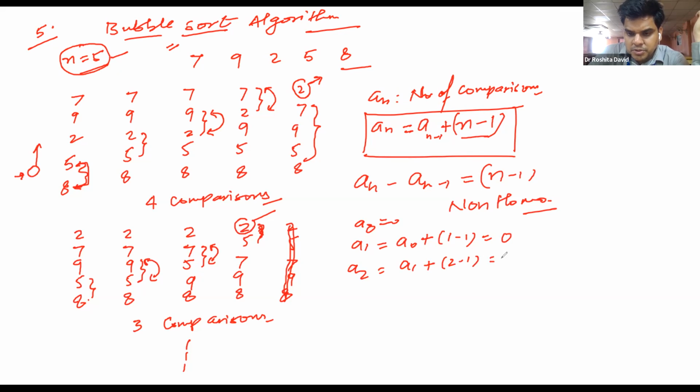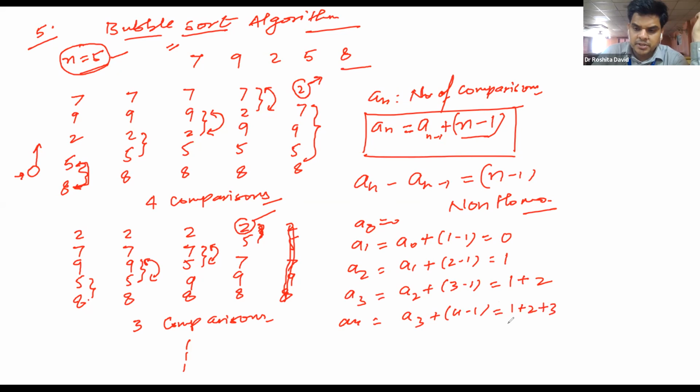So a_1 was 0, it's going to be 1. a_3 is a_2 plus 3 minus 1. a_2 was 1 and 3 minus 1 means 2. a_4 is a_3 plus 4 minus 1. a_3 was 1 plus 2 and 4 minus 1 is 3. So see the pattern. a_1 is 0, a_2 is 1, a_3 is 1 plus 2, a_4 is 1 plus 2 plus 3. What about a_n? a_n is definitely 1 plus 2 plus up to n minus 1.